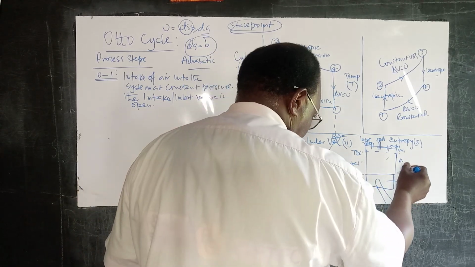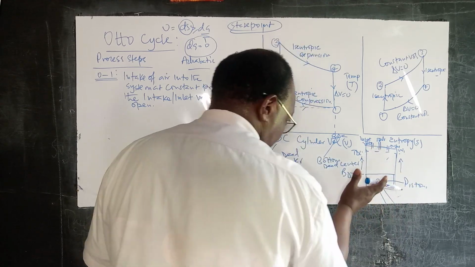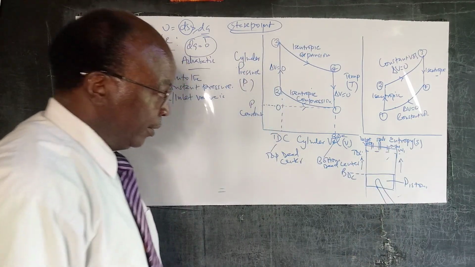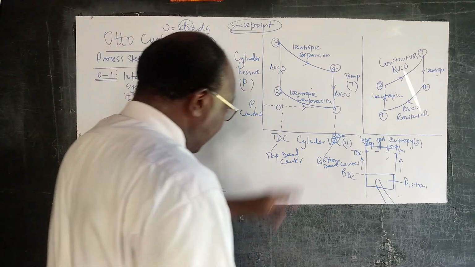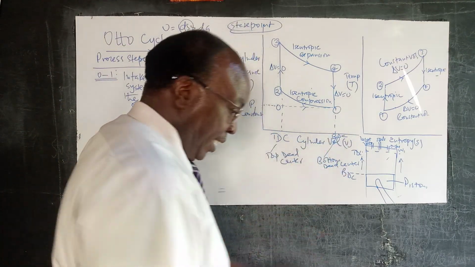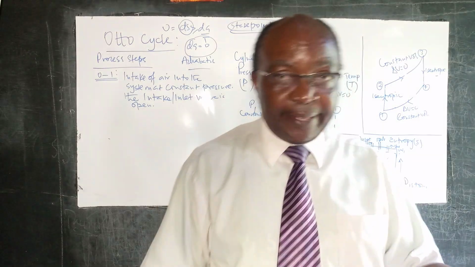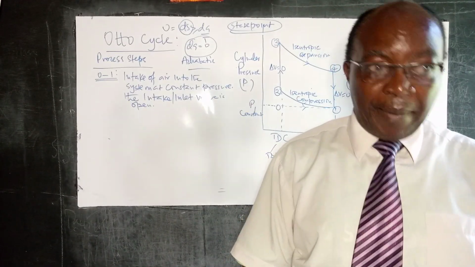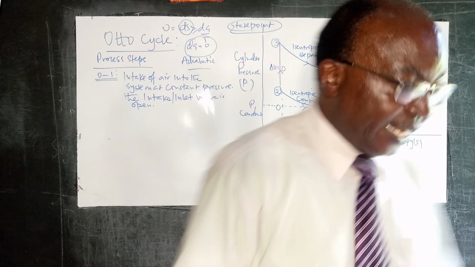So as you move from bottom dead center upwards, you are compressing the system. At the BDC, we have the maximum volume in the cylinder. Don't forget that.